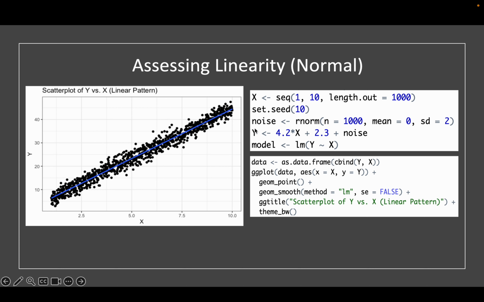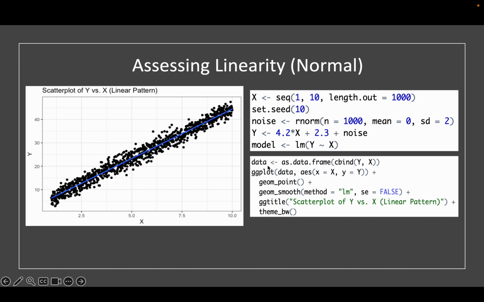Then the outcome or the response variable y is generated by multiplying 4.2 times x plus 2.3 plus the noise. So it's just like your y equals mx plus b equation, where the slope is 4.2 and the y-intercept is 2.3. Next, I'm constructing the model y against x, a linear regression model, and then I'm plotting the data from that model.